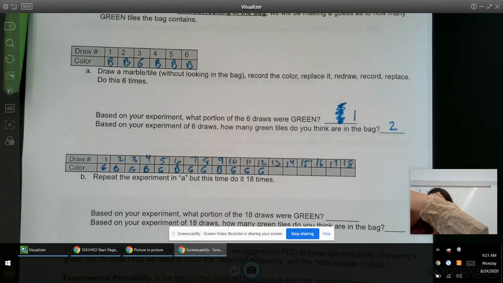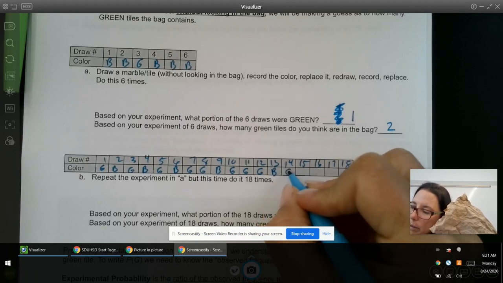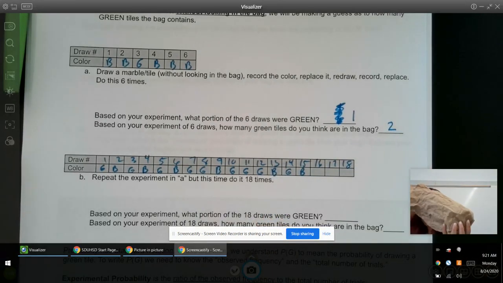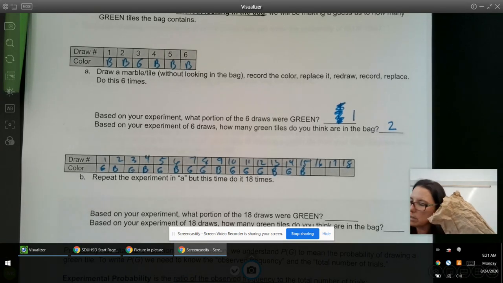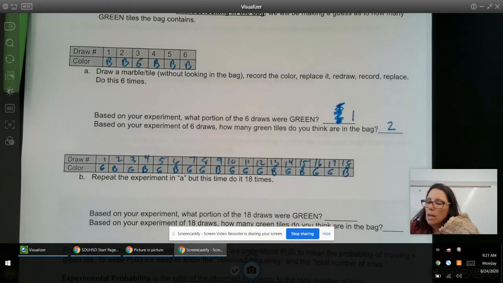Blue. Green. Blue. Blue. Green. Blue. And then the last 3. Almost there, guys. Green. Green. Blue. Green. Green. Blue. All right, we just repeated that 18 times.